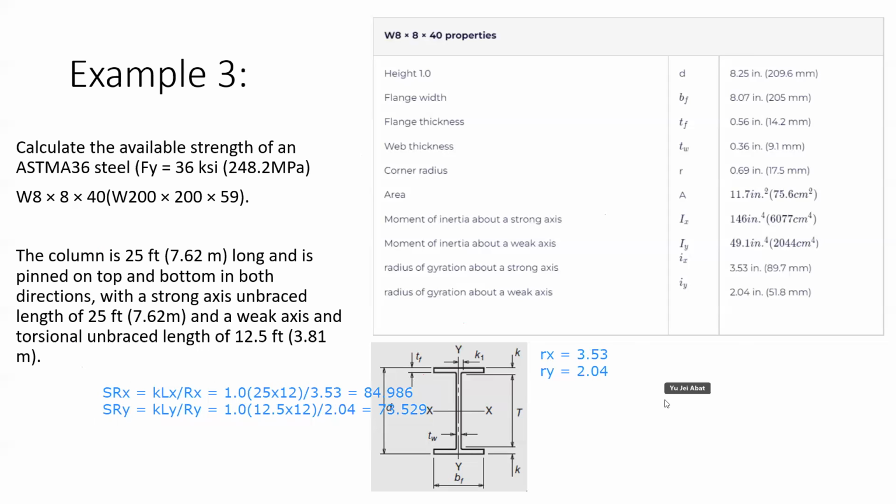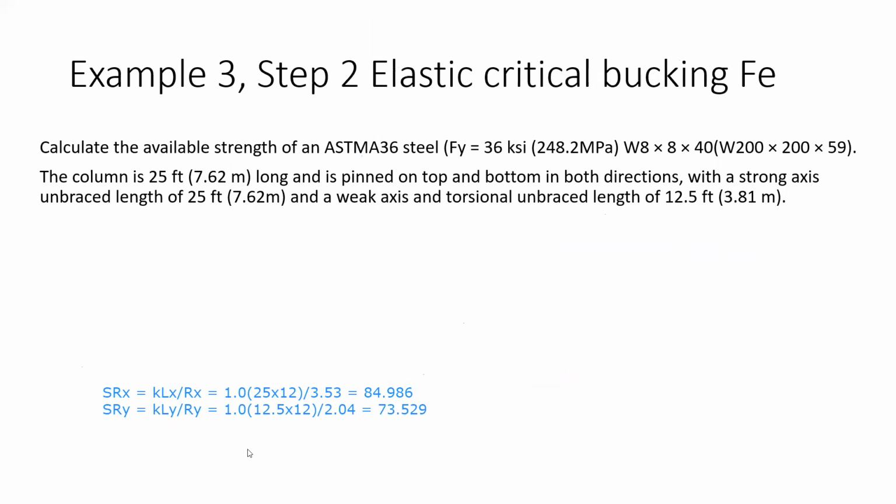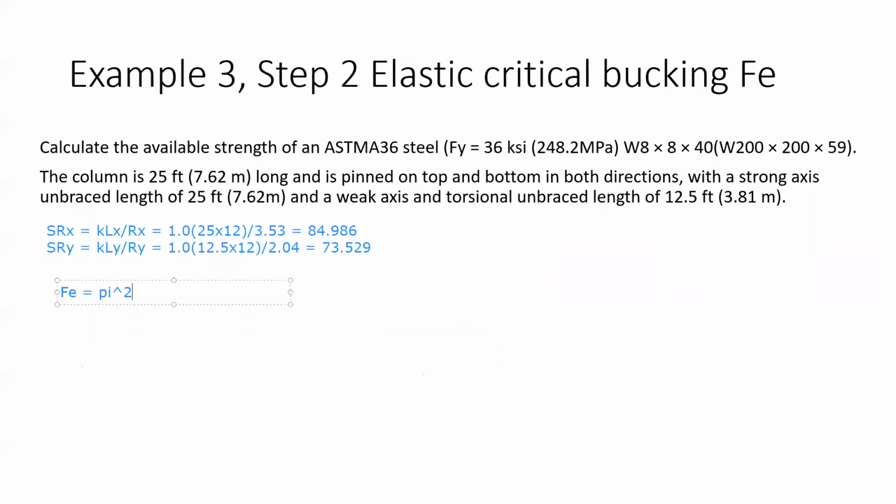So, let's go to our steps. We have step 1, cross-section classification. Alam na natin na slender siya. Step 2 is we look for the elastic critical buckling. And to solve for that, that is simply Fe is equal to pi squared times E, the value of E, divided by the slenderness ratio na nag-govern squared.